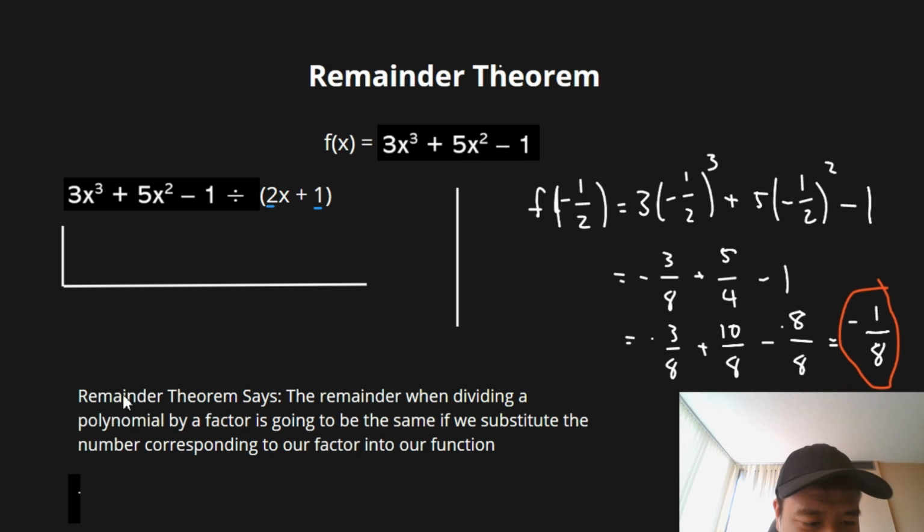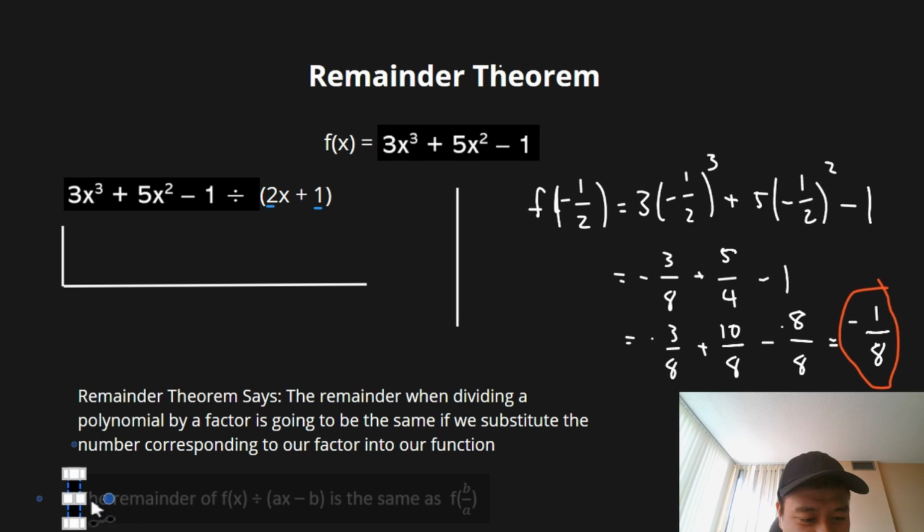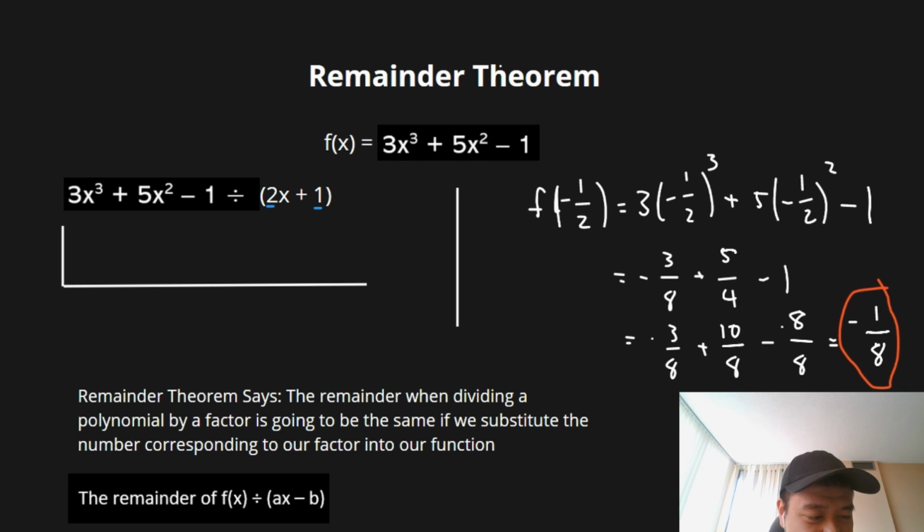Okay, so let's write what we said here in math notation that we're more used to. This is something that you might have seen at school before. The remainder of f(x), where f(x) is our polynomial, divided by our factor, which is ax minus b.